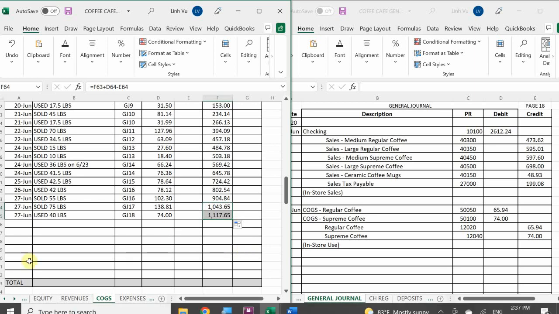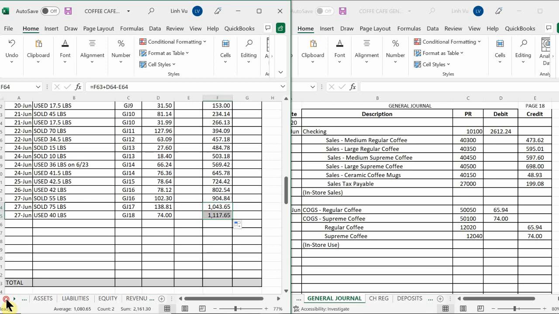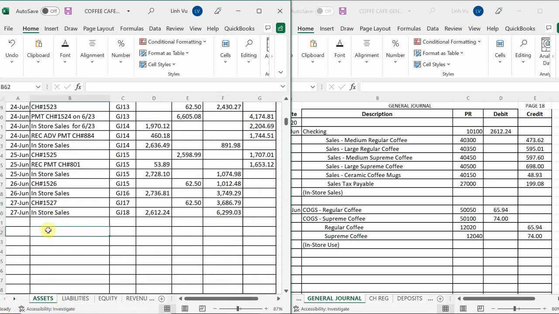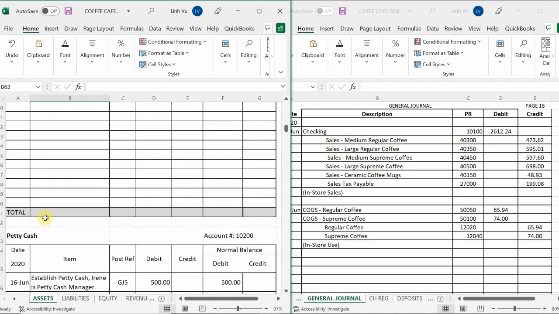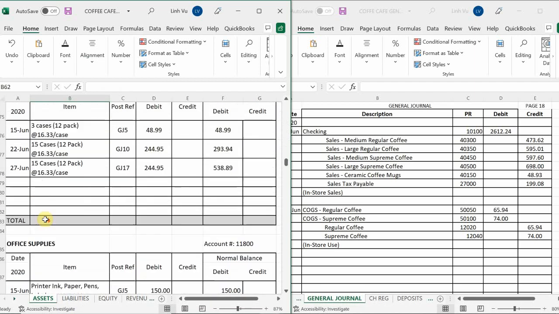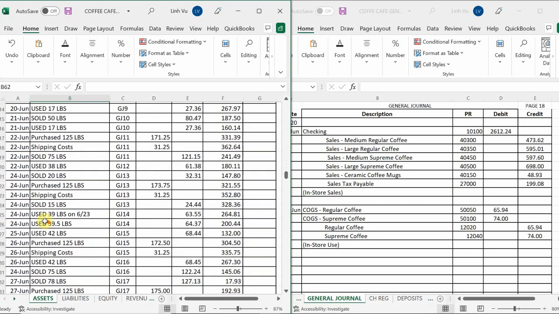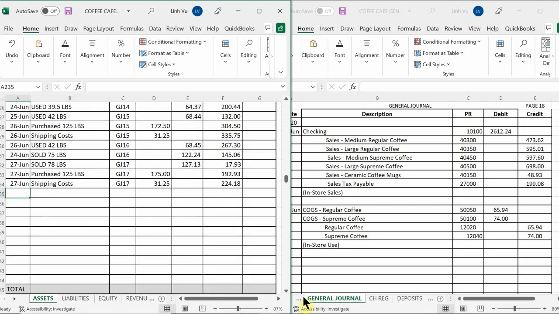Okay. So of course, last but not least, we need to update my inventory. Starting with my regular coffee, we end up using 40 pounds for 65.94.